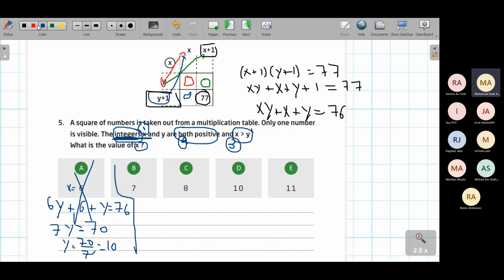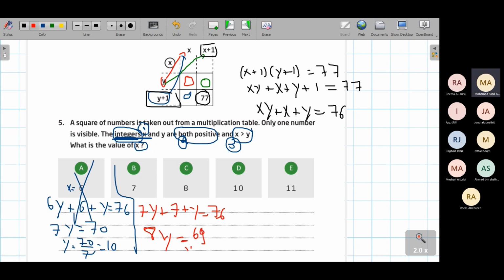B with 7. Let's write here: 7y plus 7 plus y equals 76. So it's 8y equals 76 minus 7, which is 69.